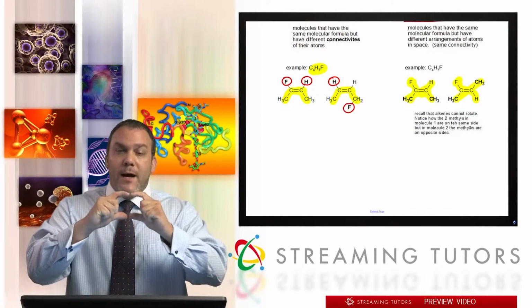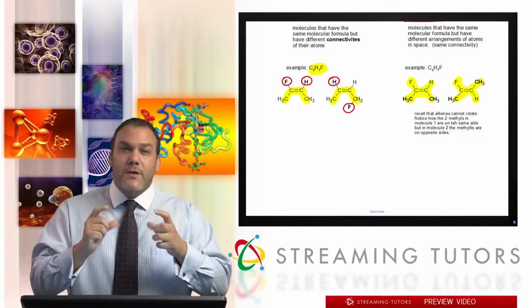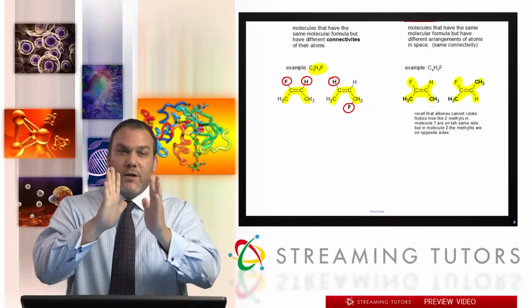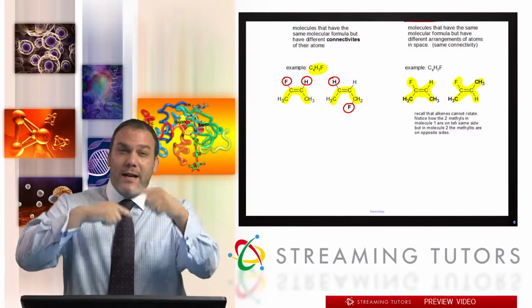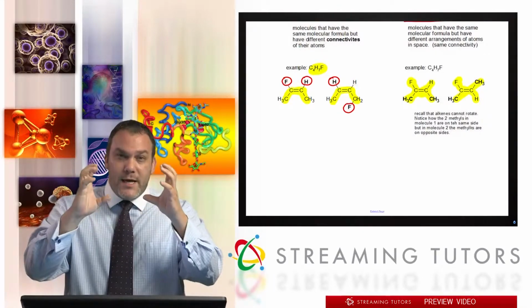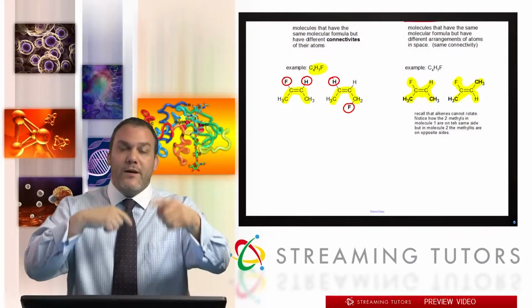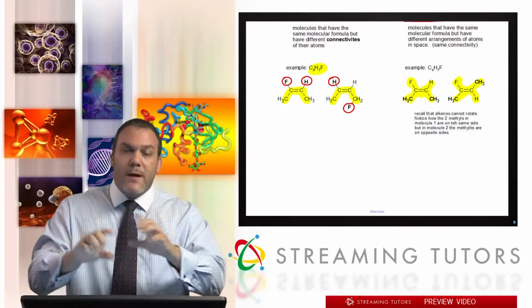When you have a double bond, it prohibits rotation. So these p orbitals are going to restrict rotation. But if you have a single bond, it has complete rotation. You could take two atoms that are connected by a single bond and they could completely rotate around that single bond. Double bond doesn't have that.